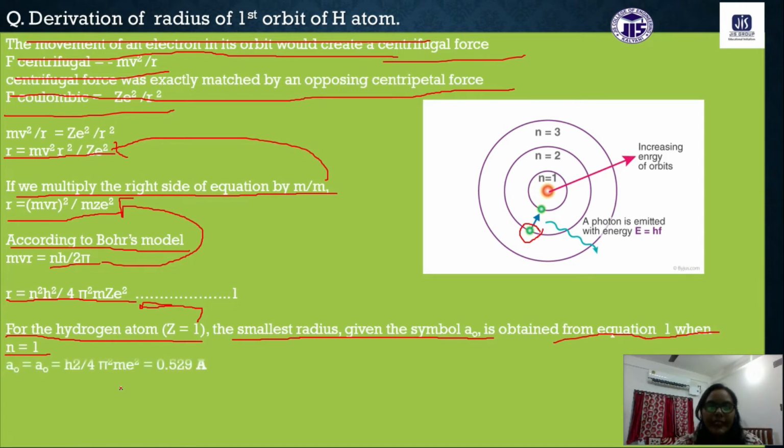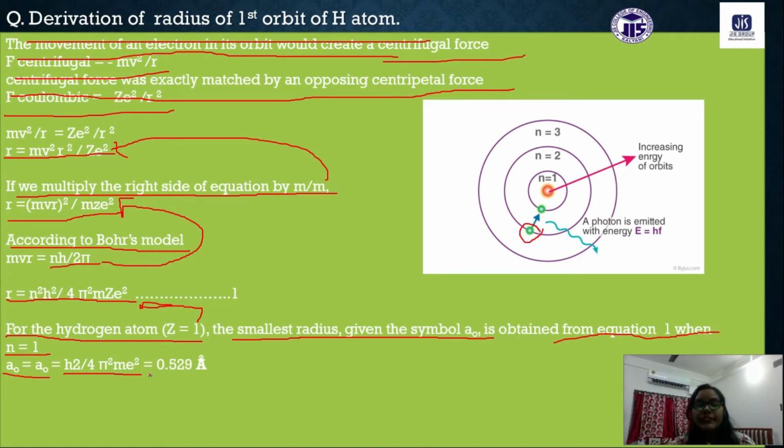So what will we get? That is a0, the smallest radius, indicated by a0. As n equals 1 and z equals 1, we have put these values. So h square by 4 pi square m e square.